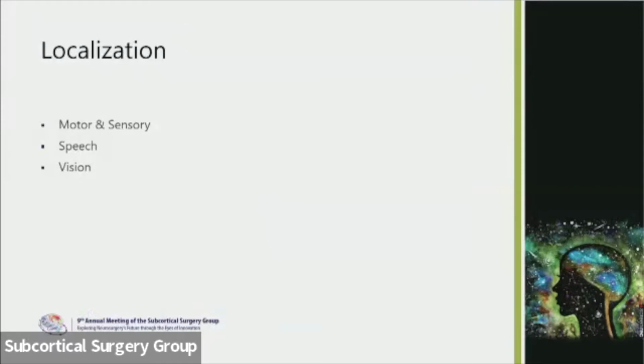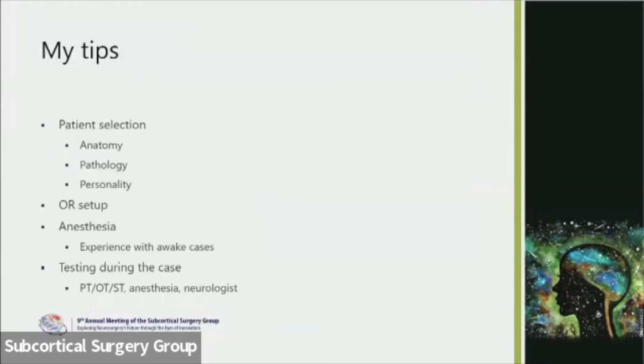during these cases. Now, some of the tips involve patient selection, anatomy. Where is the lesion? How are you going to approach it? Different pathologies. The personality of the patient weighs in greatly on doing this. Are they going to tolerate an awake case? Are they going to be helpful during the case?